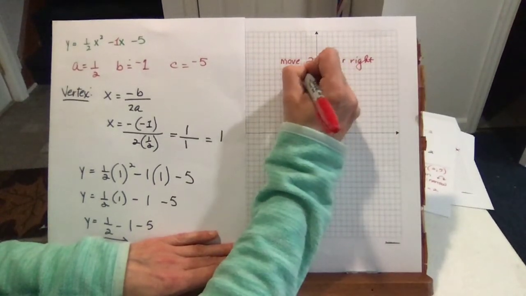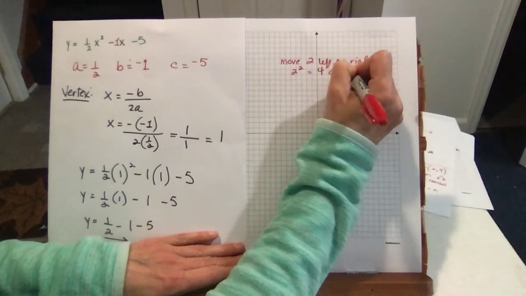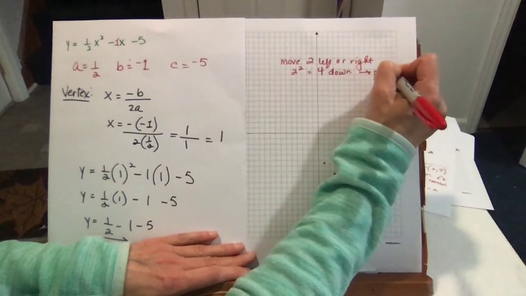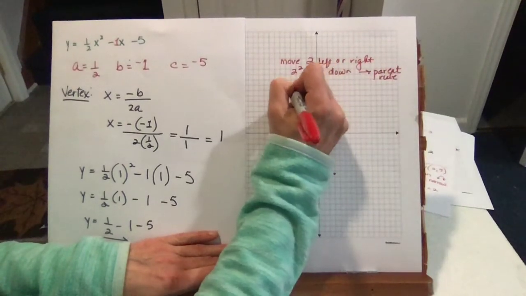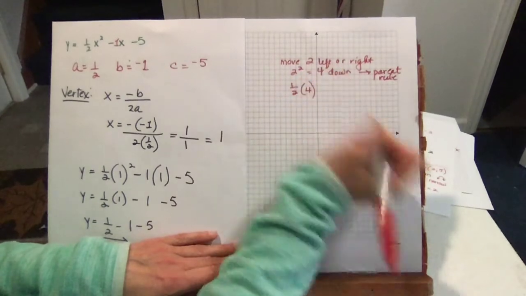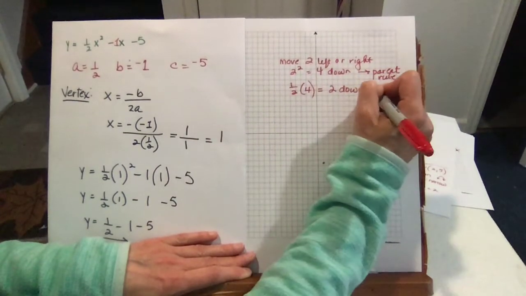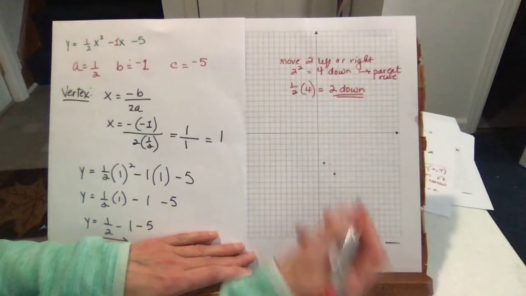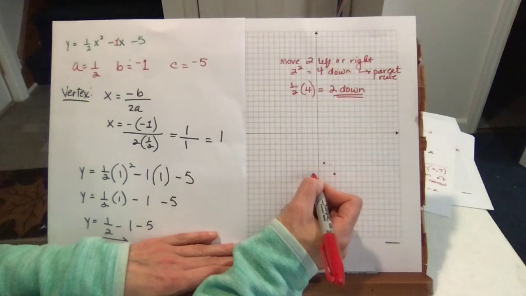Square it, gives us a 4 to go down by the parent. That's what the parent says. Parent rule. But half of what the parent says is half of 4, which gives us 2 down. And this is the equation we have. All right, use symmetry on the other side. So move 2 away and go 1, 2 down.